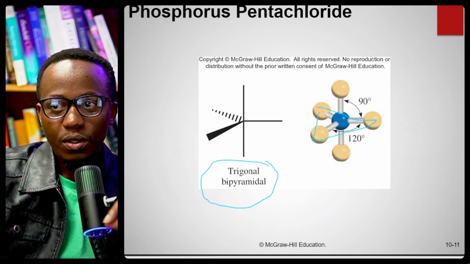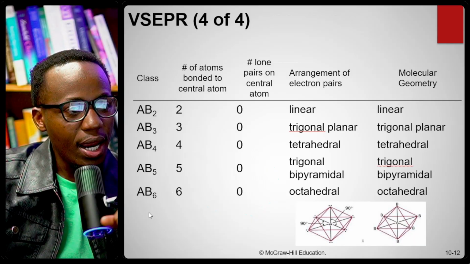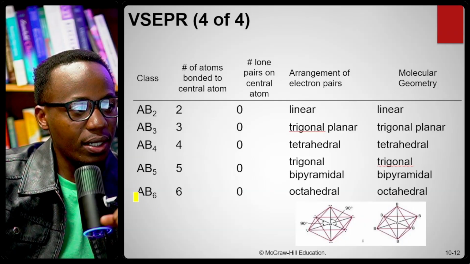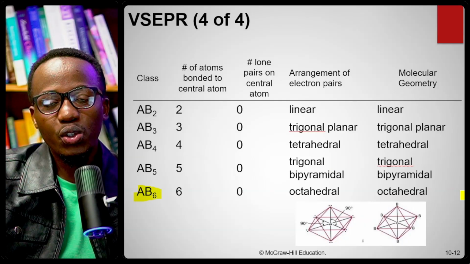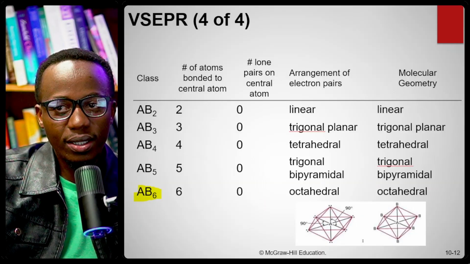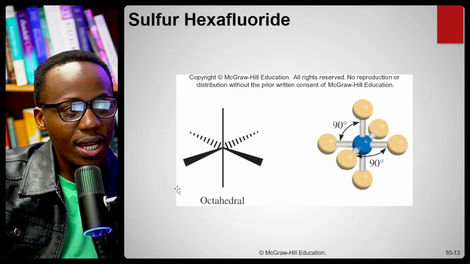All right. Then you have one thing in the middle bound to six things, right? We call this an octahedral. That's the one that I showed you guys with phosphorus, right? One thing bound to six things, octahedral. Now, pay attention to these.